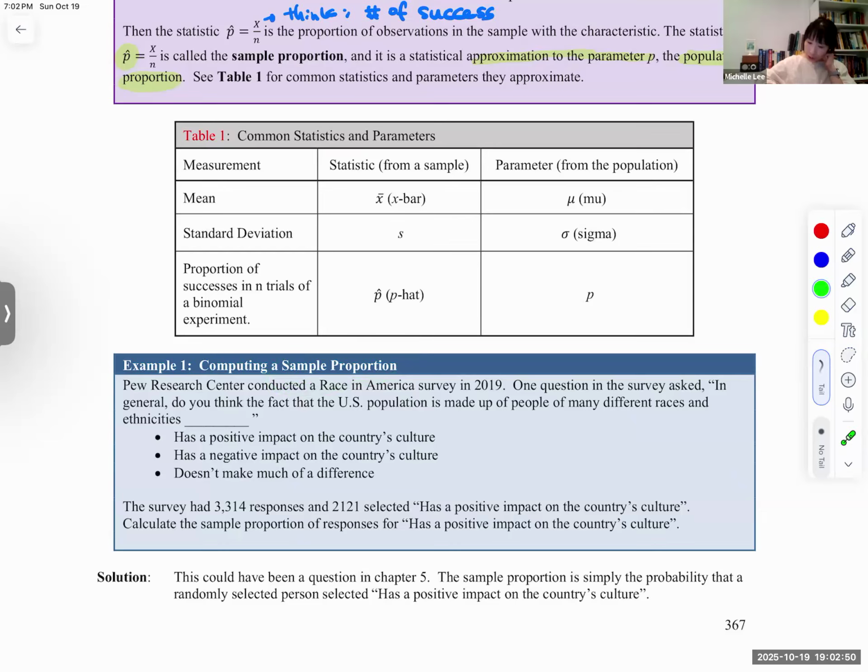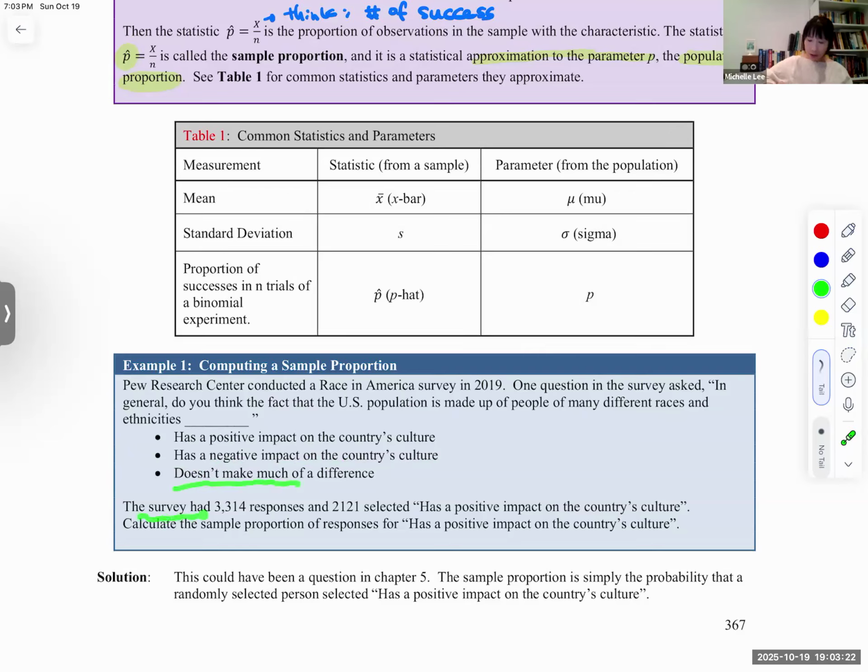The Pew Research Center conducted a survey here, right? Do you think the fact that the US population is made up of people of many different races and ethnicities has a positive impact on the country's culture, a negative impact, or doesn't make much of a difference?